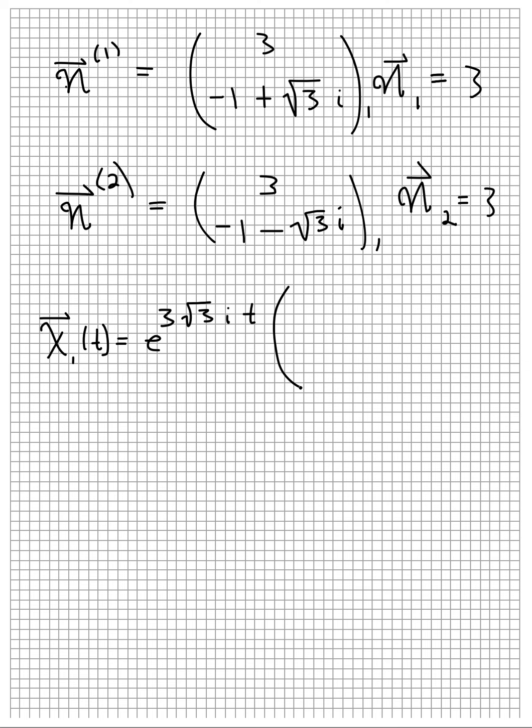And then it's going to be multiplied by our eigenvector, which is 3 times minus 1 plus the square root of 3 times I. Okay, so that's our first solution.